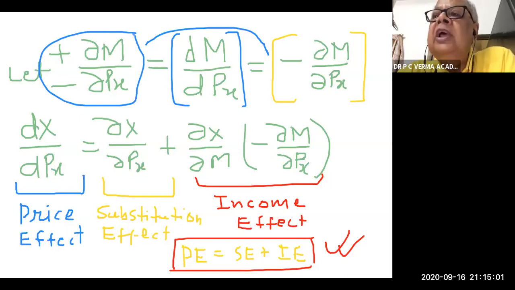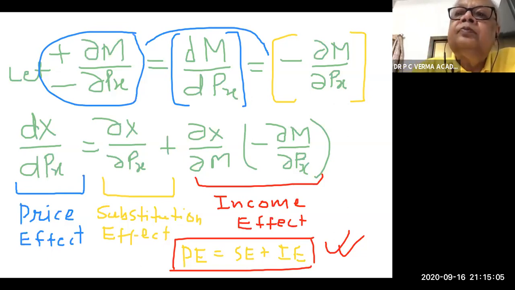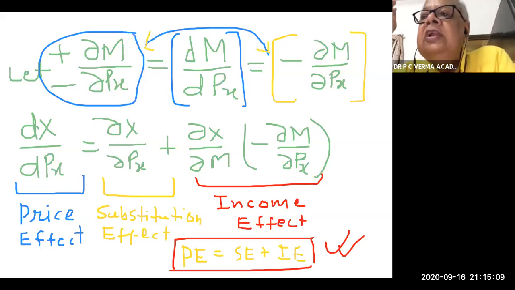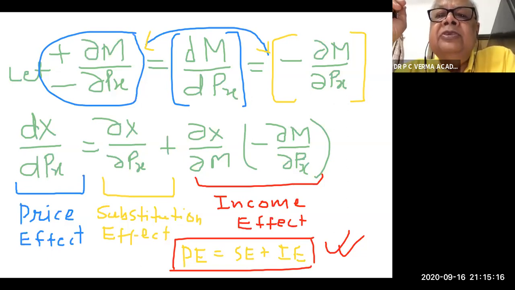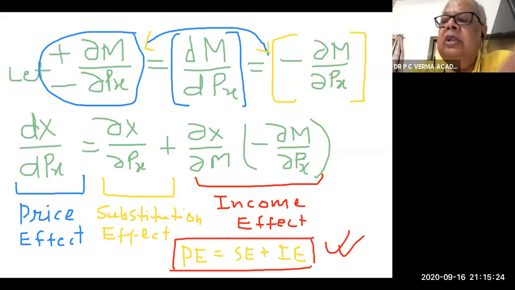This travel is known as price effect. Price effect means consumer moves from lower indifference curve to higher indifference curve, and quantity of X also increases, and that we have seen as Mn and Nt is equal to the change in quantity, and the same is equal in equation.